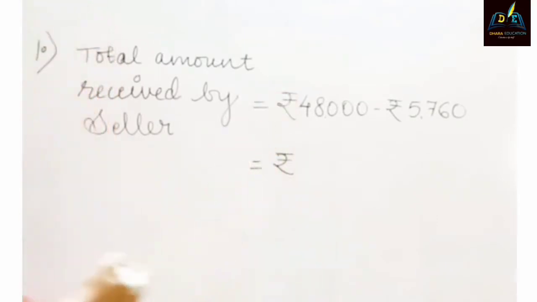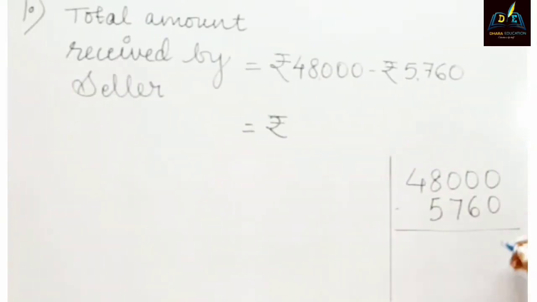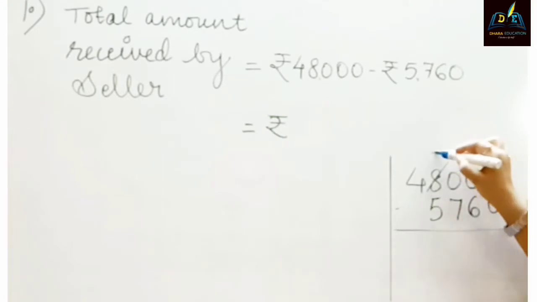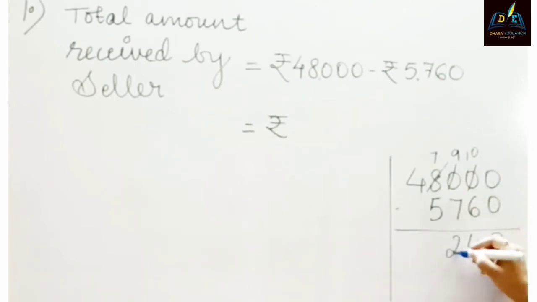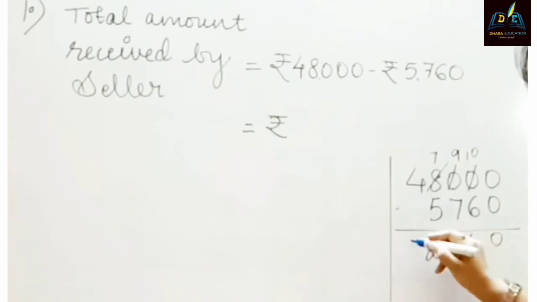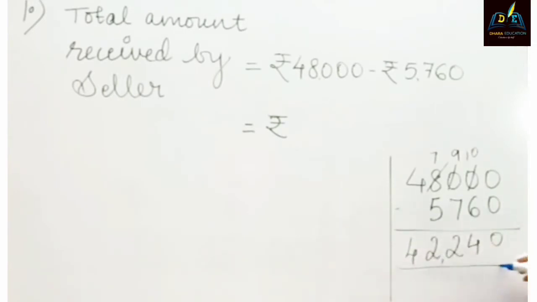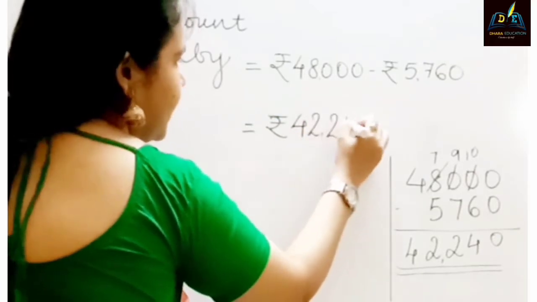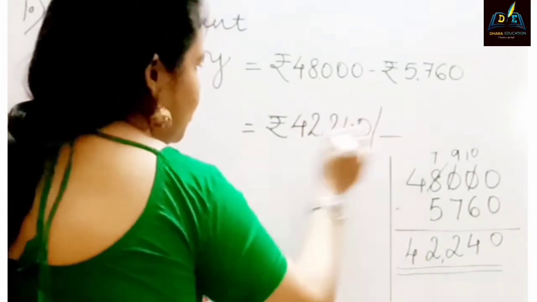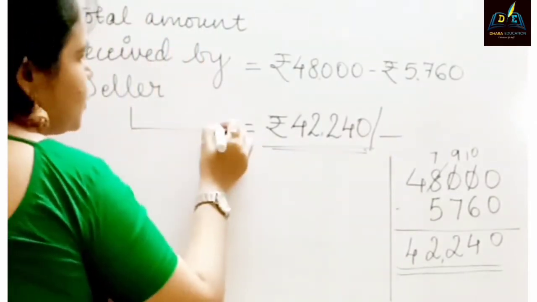Now we will subtract this. First of all we cut this, then we shift 9, 10, 0, 4, 2, 2 and 4. So this is the final amount the seller will get: 42,240.